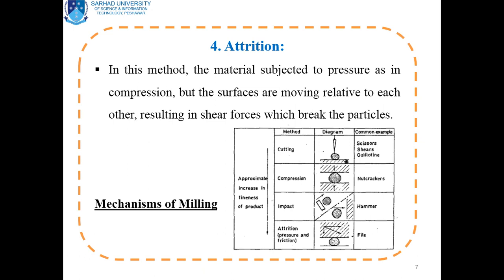In attrition, the fineness is increased the most. The highest fineness is at the bottom, as attrition is the application of pressure and friction, and the diagram is also shown. Common examples of these mechanisms of particle size reduction are shown in the table.